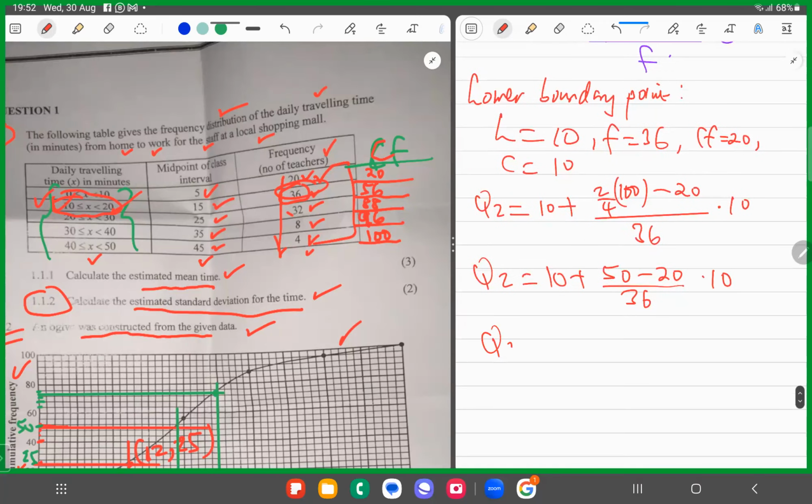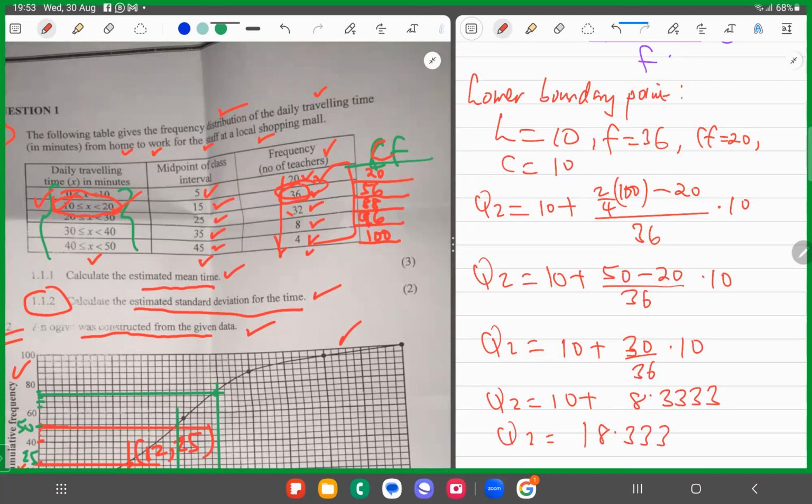Q2 equals 10 plus 30 out of 36 times 10, which is 8.333 to 4 decimal places. So Q2 is going to be 18.333. We got an estimate of Q2.